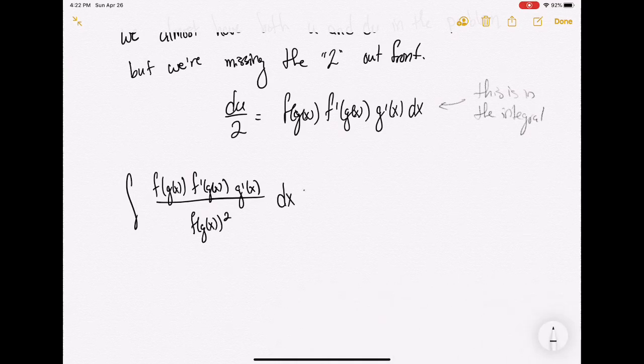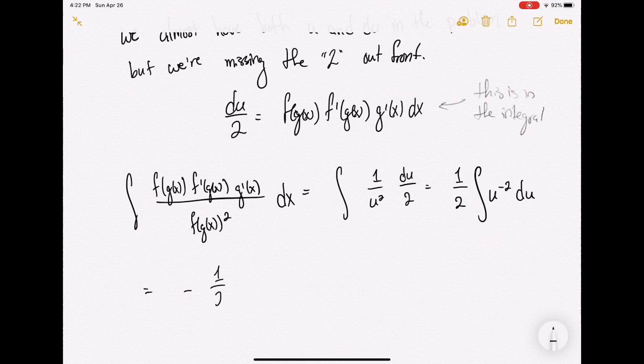Equals, really this is 1 over u squared du over 2, so 1/2 integral u to the negative 2 du, and that brings us to negative 1/2 u to the negative 1 plus c.